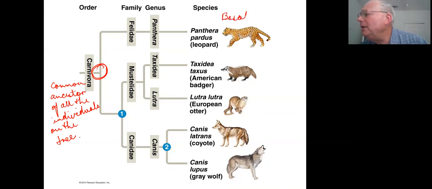So we can say here that this is the basal species, and it was the first to diverge from the common ancestor.